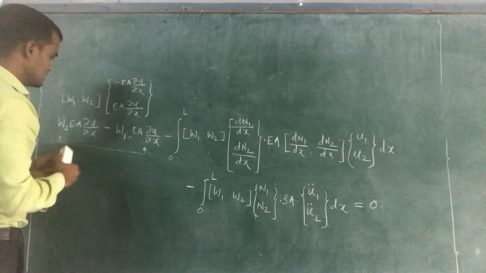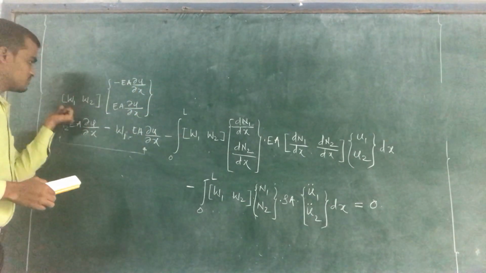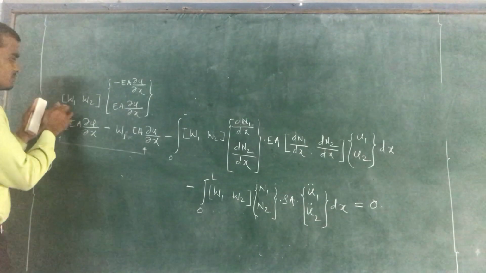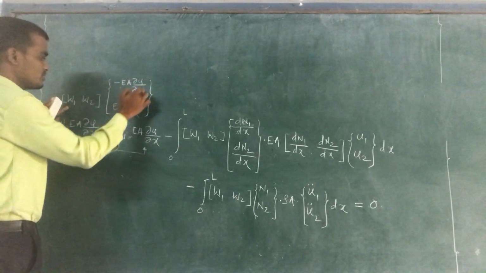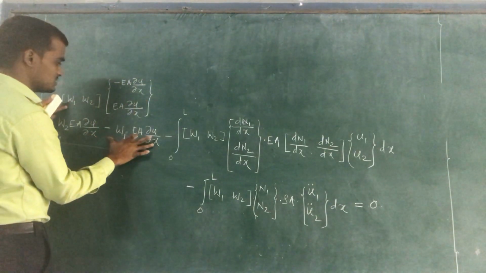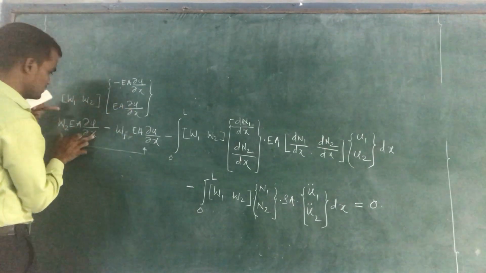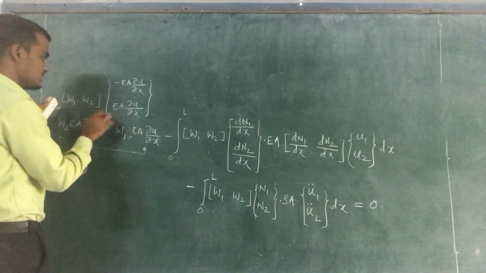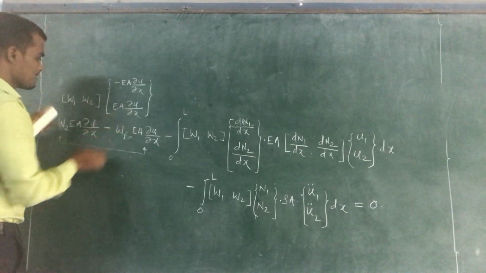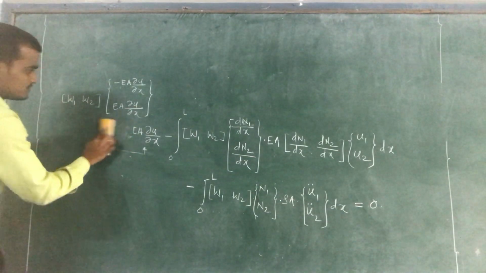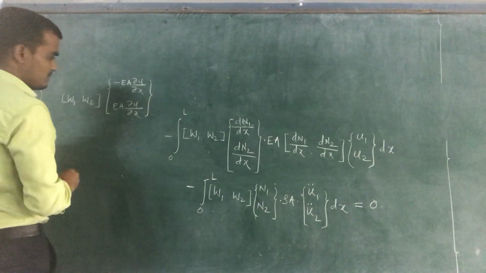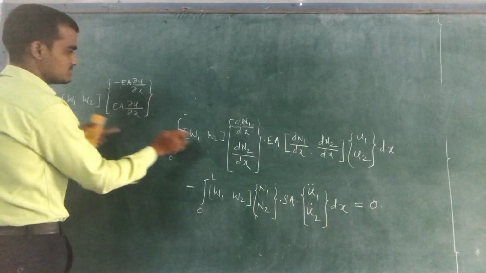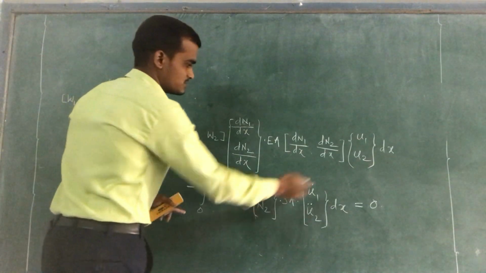So we can write these two terms in matrix form like this. So this can be replaced by this term, minus this term, minus this term is equal to 0.